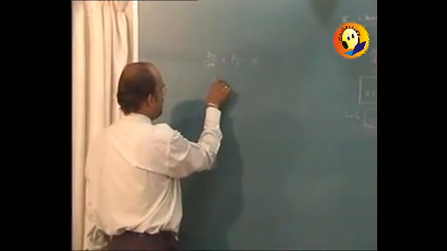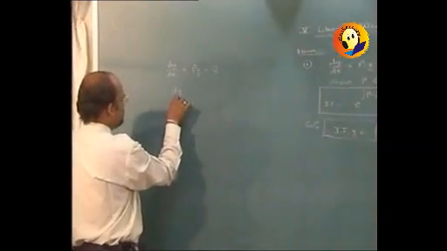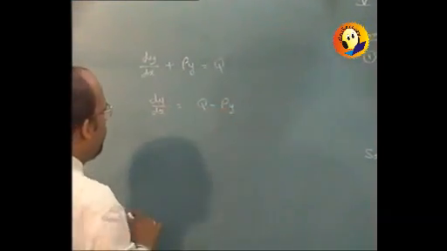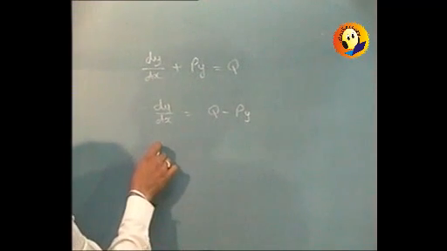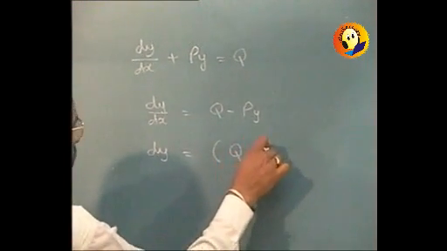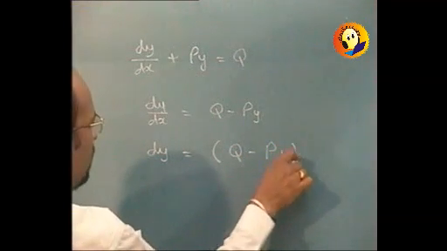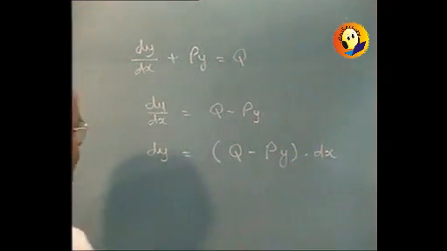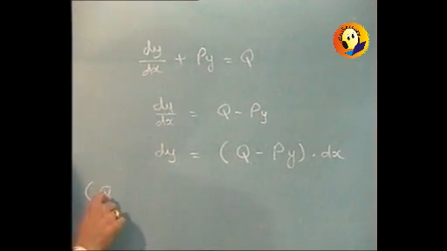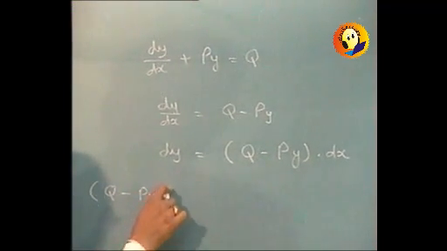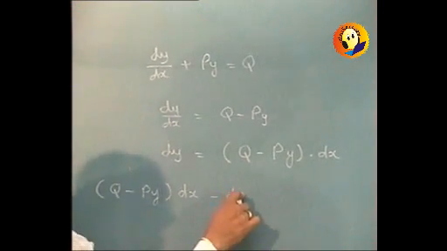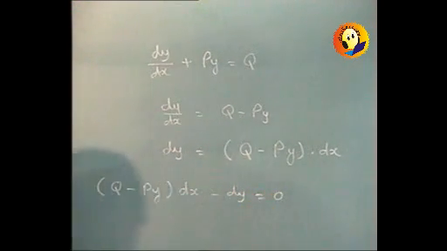Therefore, it can be written as dy by dx is equal to q minus py, and if we cross multiply, we will get it as dy equal to q minus py into dx. Rewriting the equation, we will get it as q minus py into dx minus dy equal to 0.